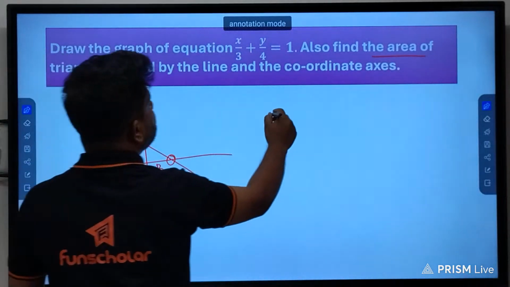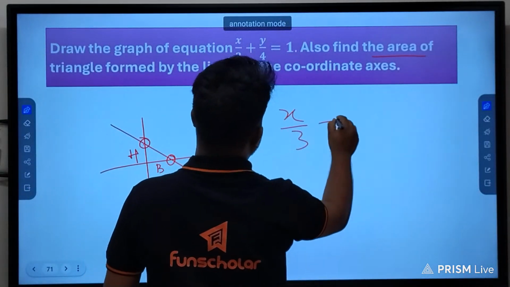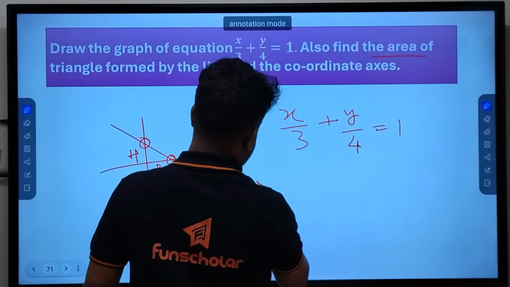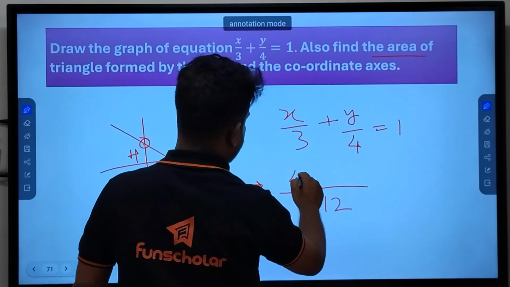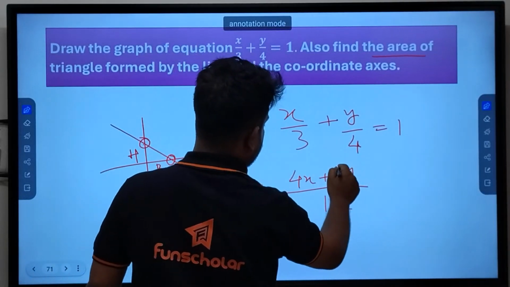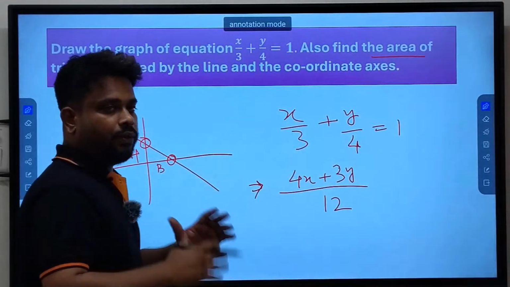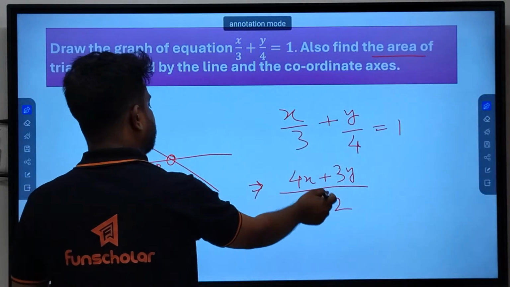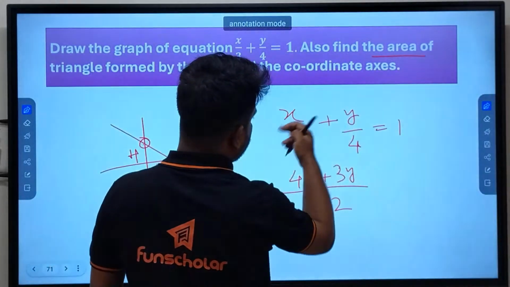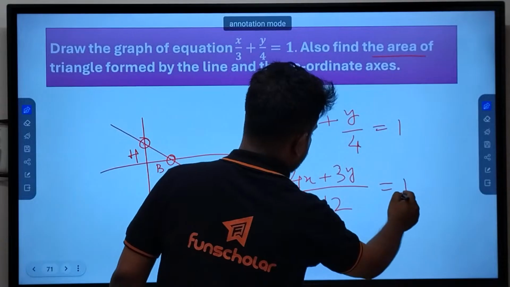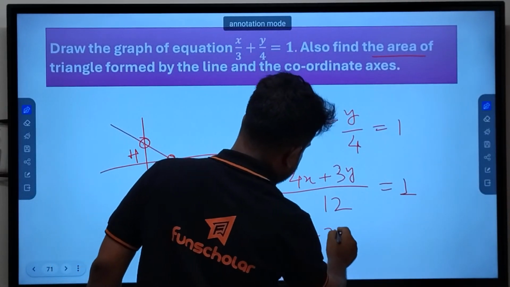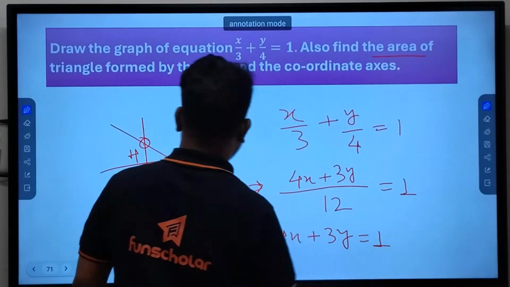And talking about these types of equations, they can be solved like this. 3 4s are 12, it will be 4x, and 4 3s are 12, it will be 3x. And how do we get 4 and 3? We just multiply it with the numerator and similarly with this numerator. It will be 1. So the equation will be 4x plus 3y equals 1.